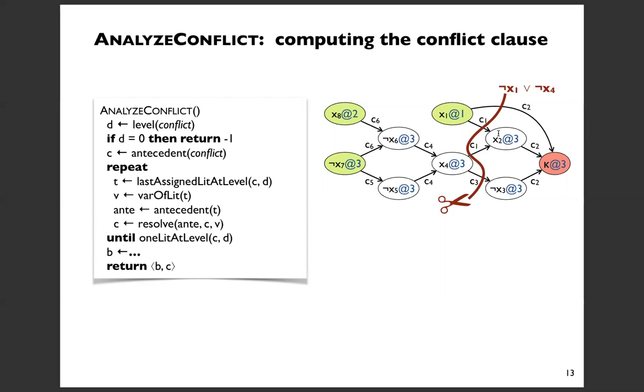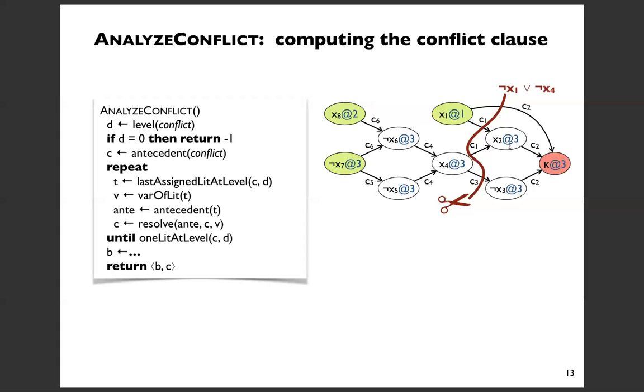C1 implied X2, so how can I make that conflicting decision on X2 irrelevant?